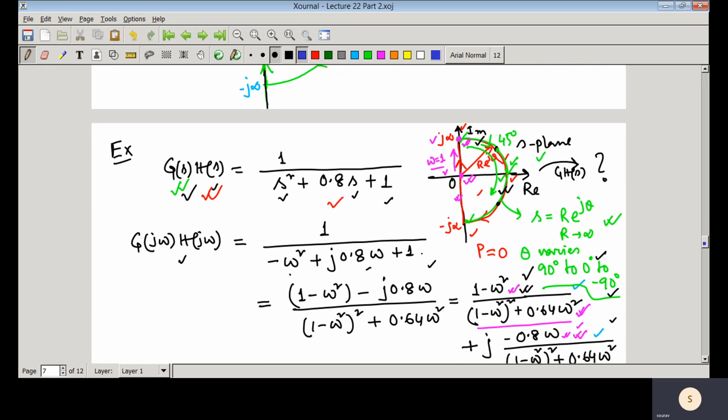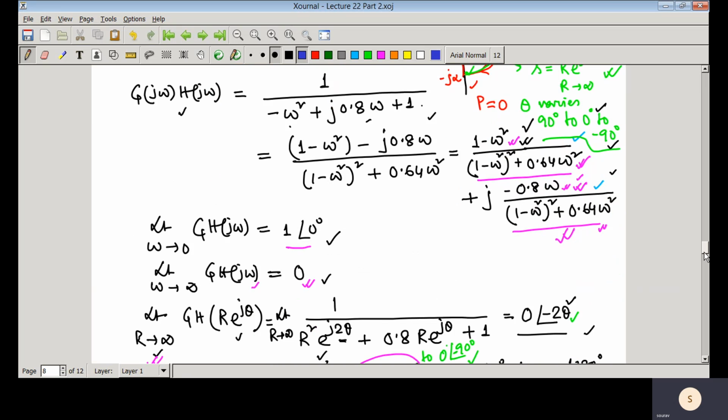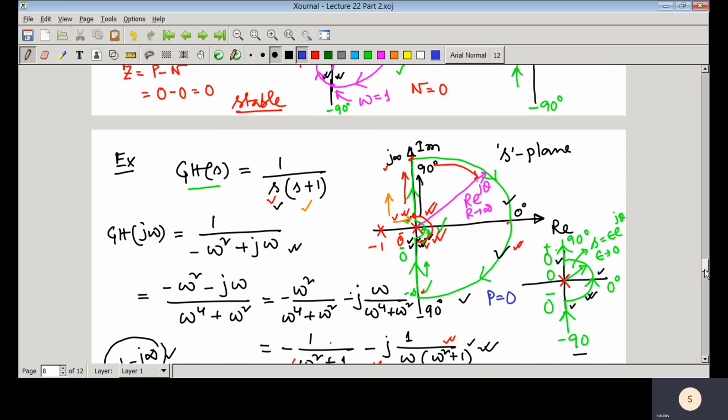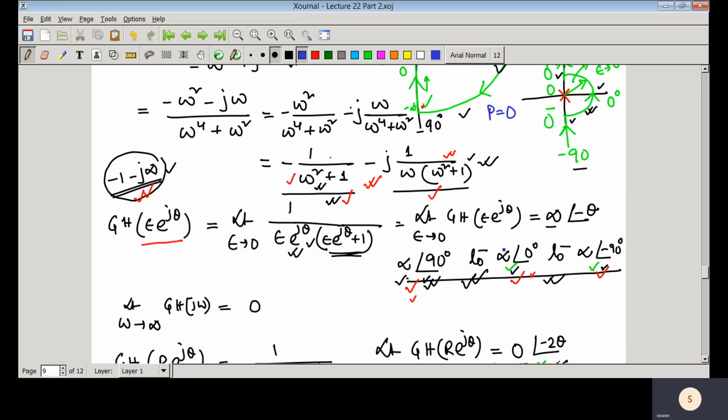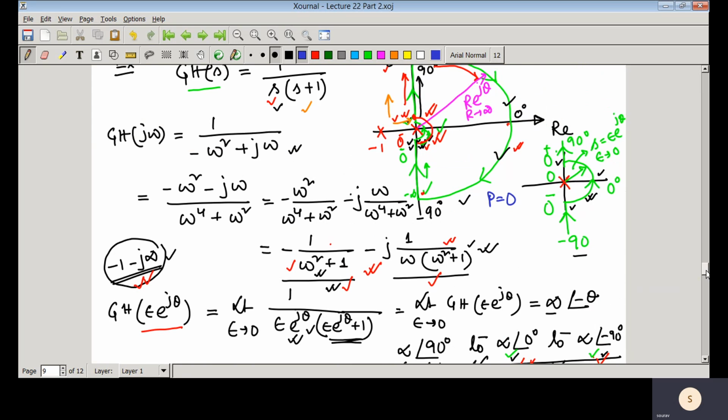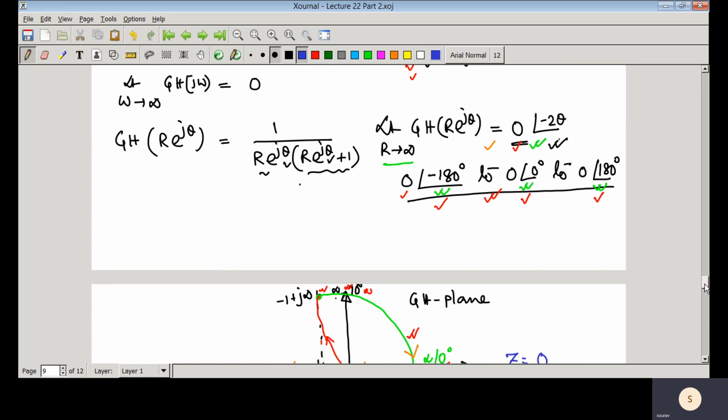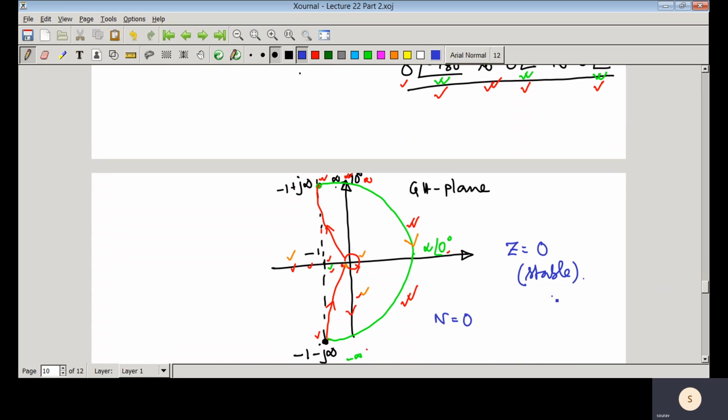One is the loop transfer function without pole on the imaginary axis, and this is actually the example where there is a pole on the imaginary axis. So for that one we need to follow this particular method, and we have seen how to map that Nyquist contour in GH plane, and then we can apply that Nyquist stability criteria and conclude whether the closed loop system would be stable or not.